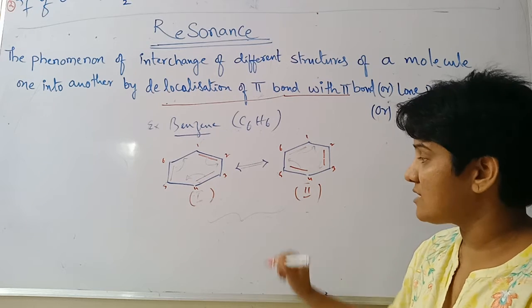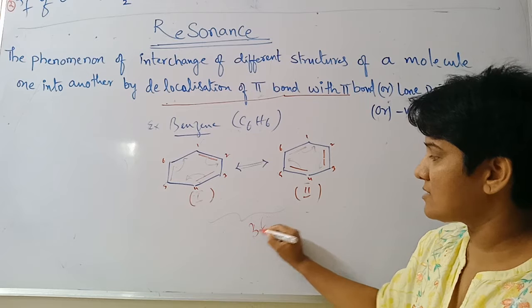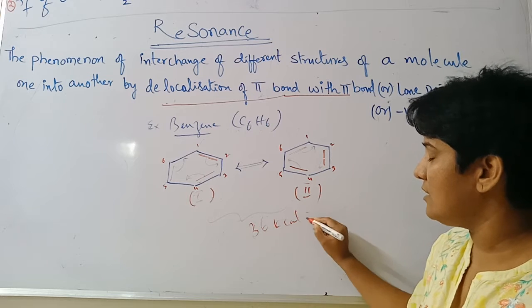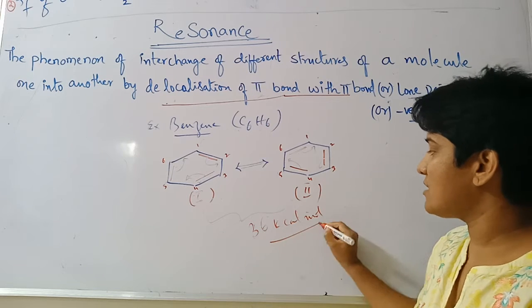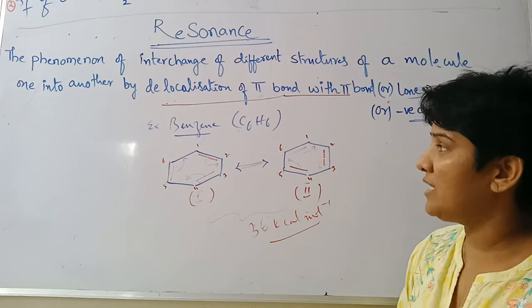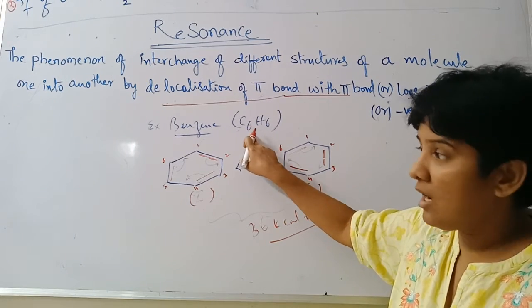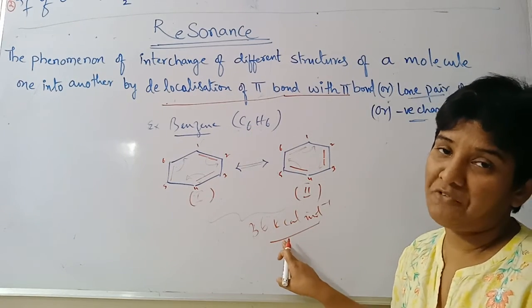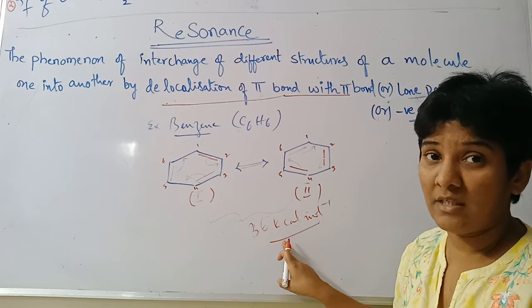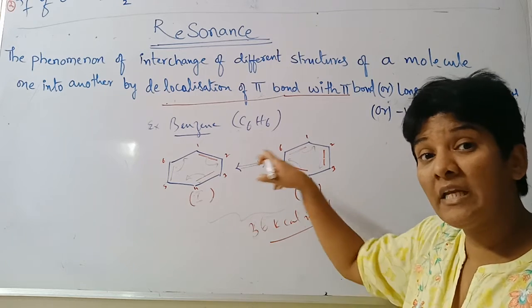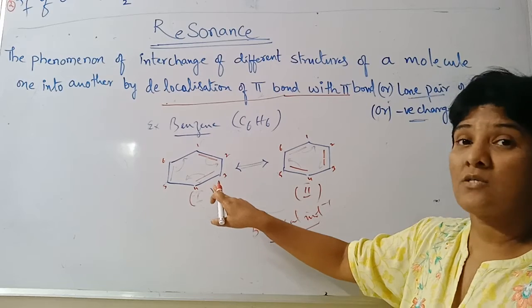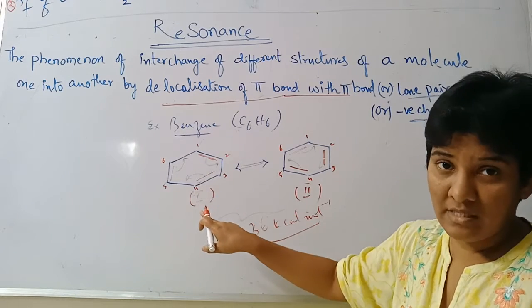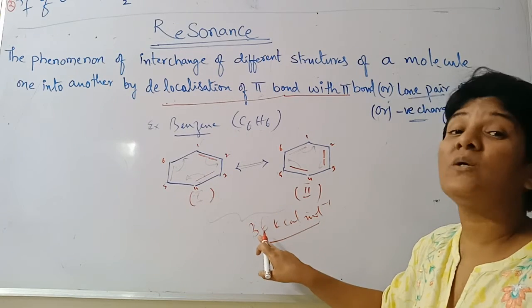uses 36 kilocalories per mole. This means per mole of benzene about 36 kilocalories of energy is utilized by itself, which is present in its own. Whatever extra energy is there, that is 36 kilocalories of energy.